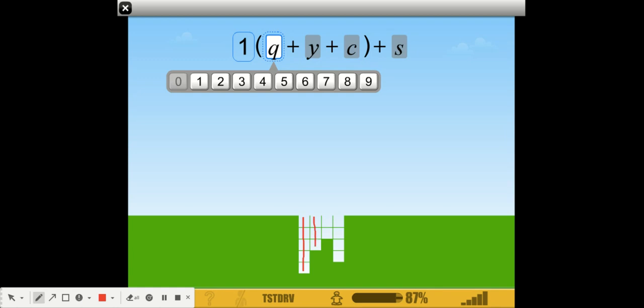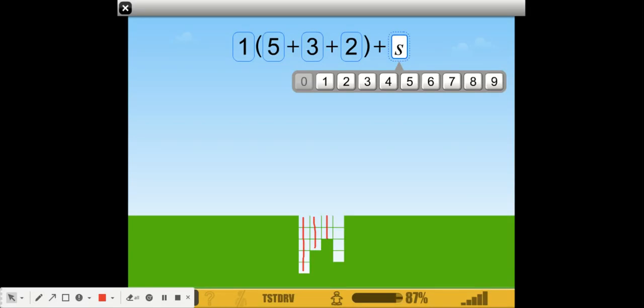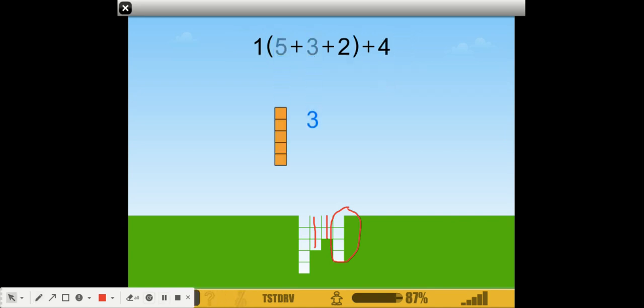Y, our second number, is 3. C, our third number, is 2. So 5 plus 3 plus 2. And then we have our extra number at the end, which is 4. So we have 5 plus 3 plus 2 times 1 plus the extra 4 at the end.